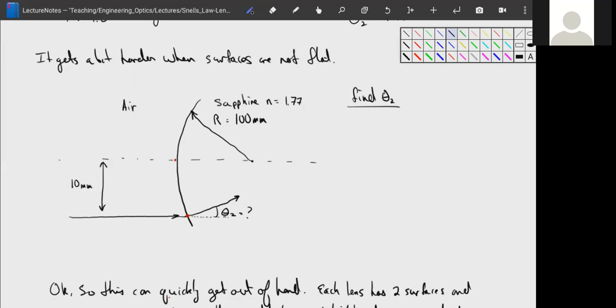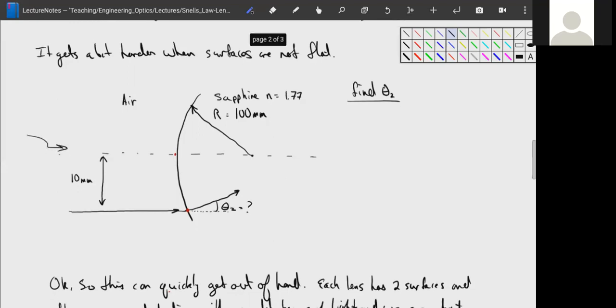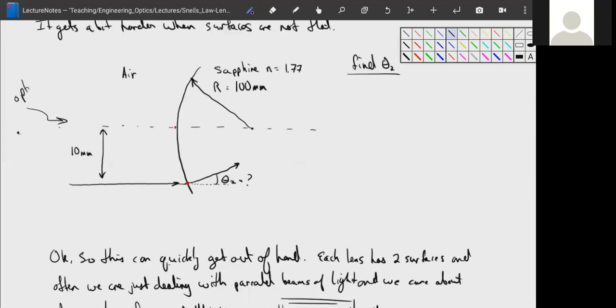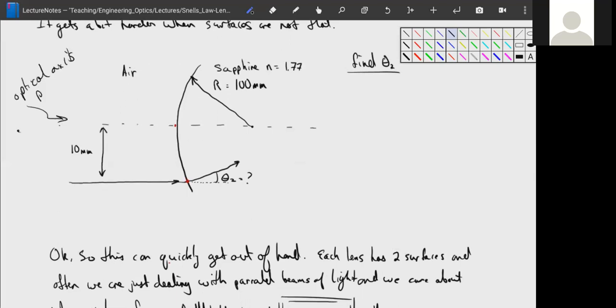So this line right here is called the optical axis, and it passes through the center of all the lenses. And it's passing parallel there, so we know its angle, and then it hits the lens and it travels in this direction. And we want to know how much its angle changed. What is theta 2?